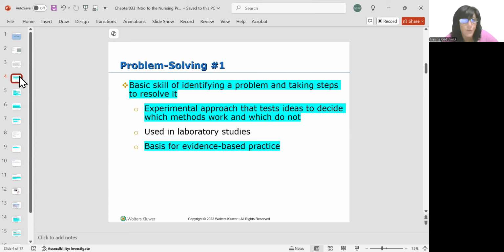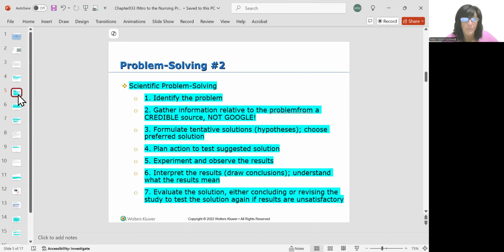You're going to hear me say that term a lot. That means that everything that we do, whether it's a hands-on skill or medication administration, we look to evidence-based practice to determine if we're doing it the right way or the way that the community has found works. Okay. It's based on empirical scientific data.